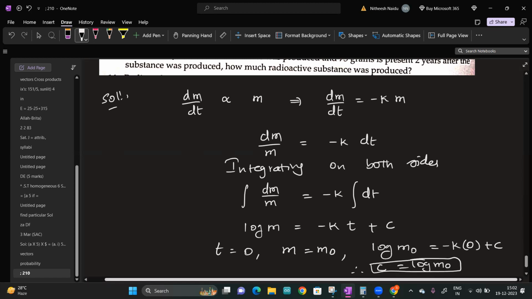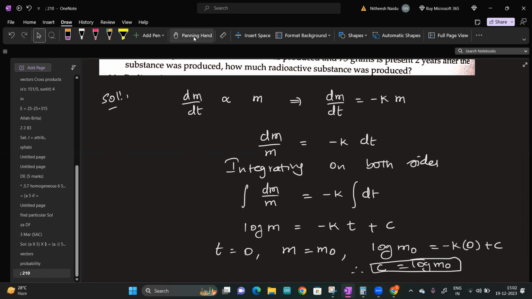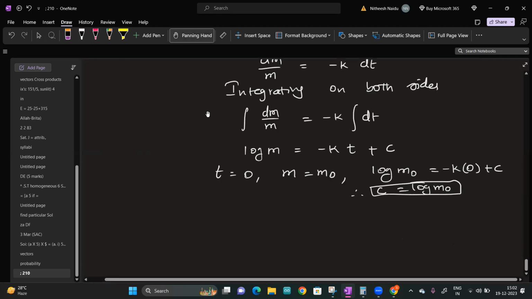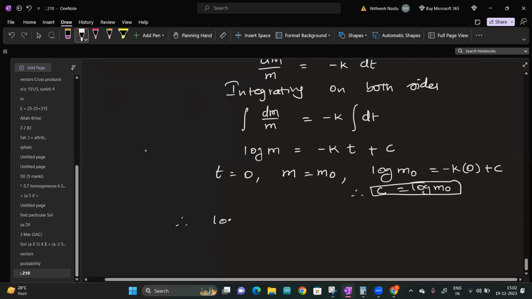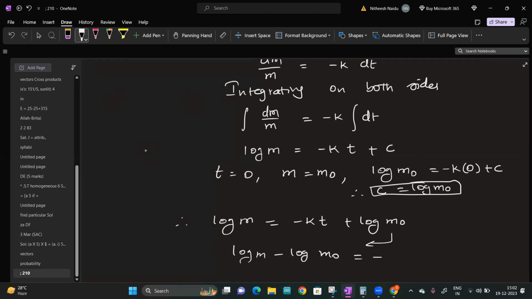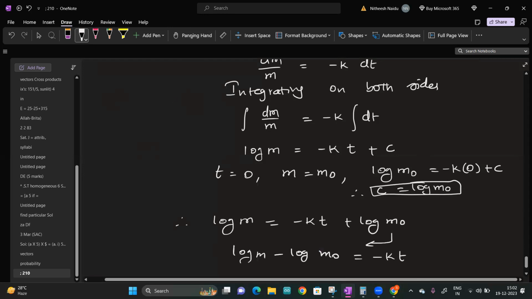After getting this c value, we substitute it in the equation. Therefore log m is equal to minus kt plus log m naught. Now move this log m naught to the left side, so log m minus log m naught is equal to minus k into t.